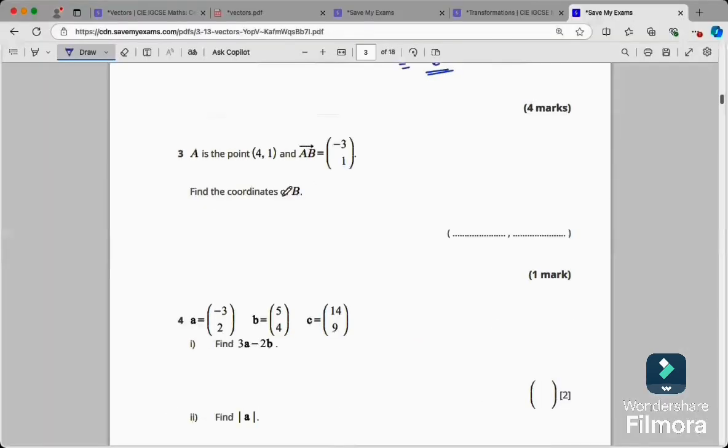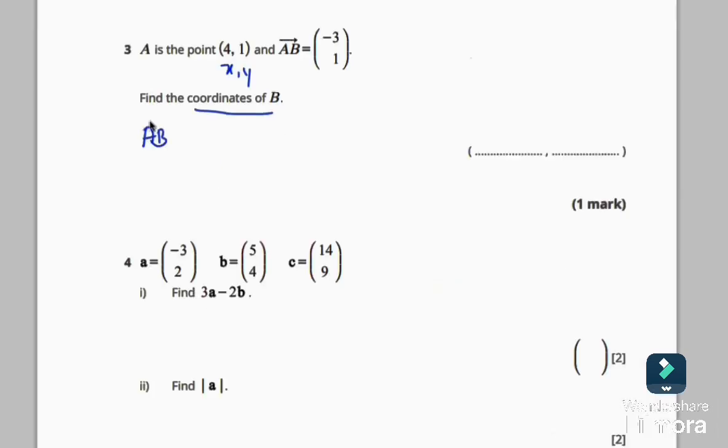A is the point (4, 1). So this is the coordinates with x and y, whereas AB is a column vector, which is (-3, 1). Find the coordinates of B. AB is equal to OB minus OA, the position vector of B minus the position vector of A. Now you need the coordinates of B, so you need OB.